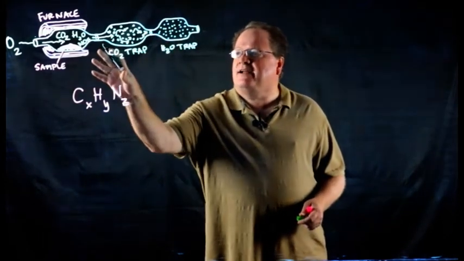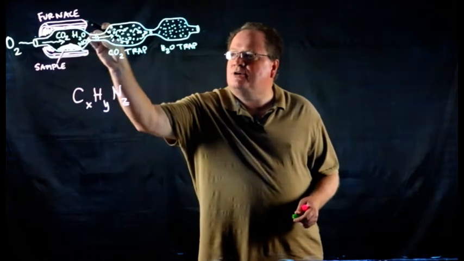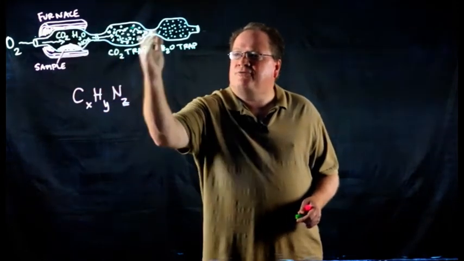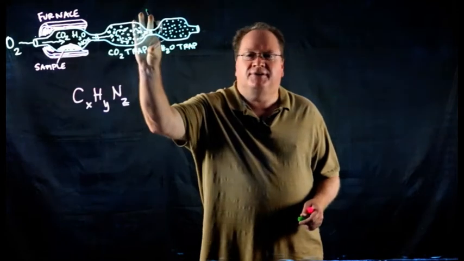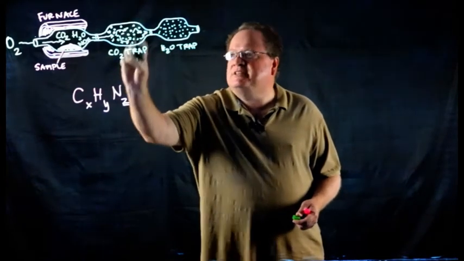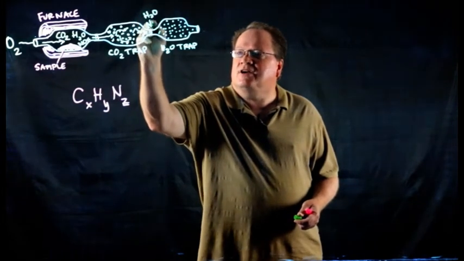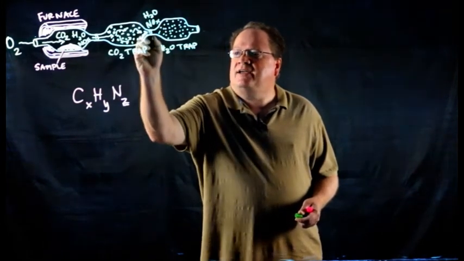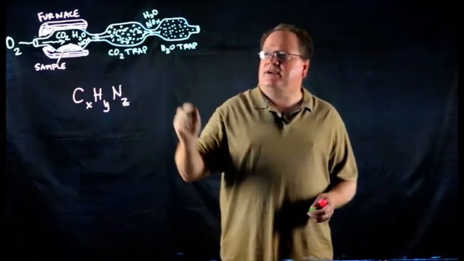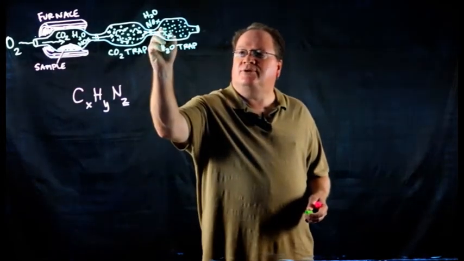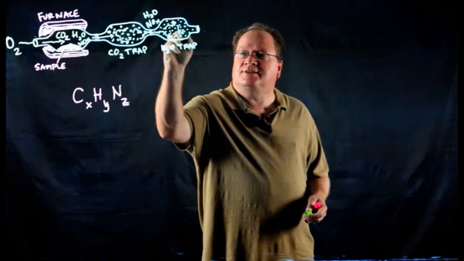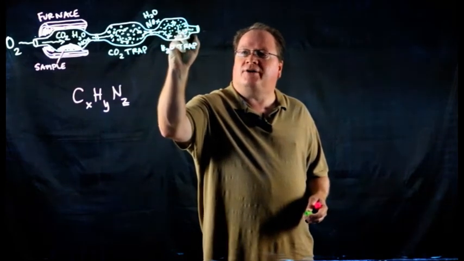Now, if you think about it, if I had CO2, H2O, and NOx right here, after it goes through this part, what's left? Well, the CO2 has been taken out. What is left is H2O and the NOx. That gas goes into this container, and it makes its way through, going past these different beads and losing its water.